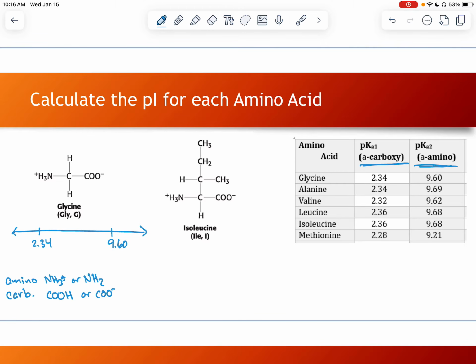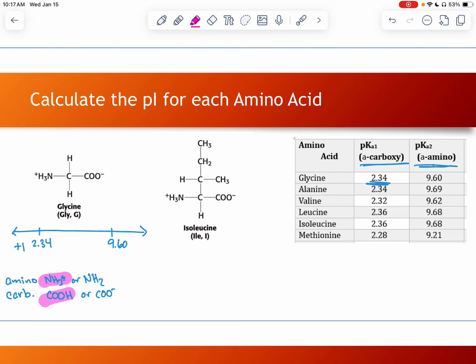The pK2 will always be the amino terminal. So when I look at this, below this first one, I expect both to be protonated. So below that, I expect to have NH3+ and COOH. So I can see that I'm going to have a +1 charge.